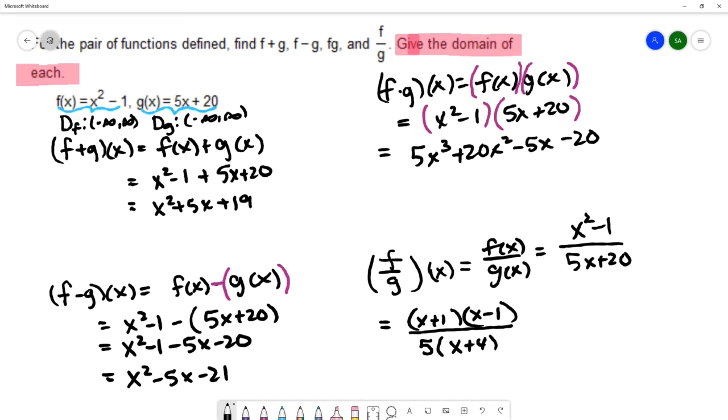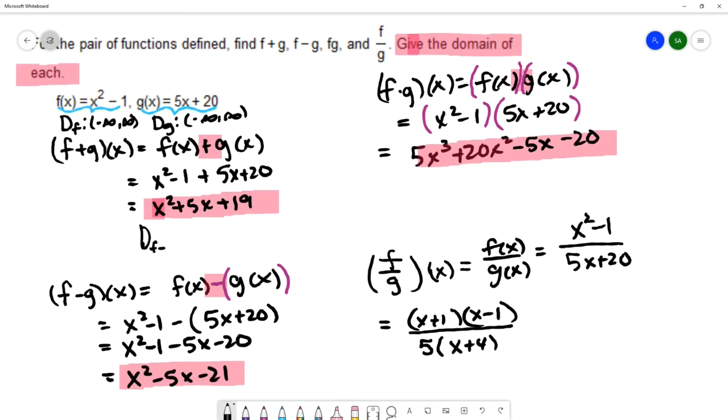So when we add, subtract, or multiply, because we're having polynomials, they create polynomials. So if you have two polynomials and you add, subtract, or multiply them, you're going to get a polynomial. So all of these new functions have a domain.